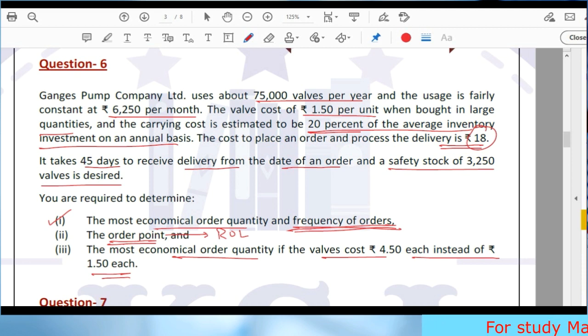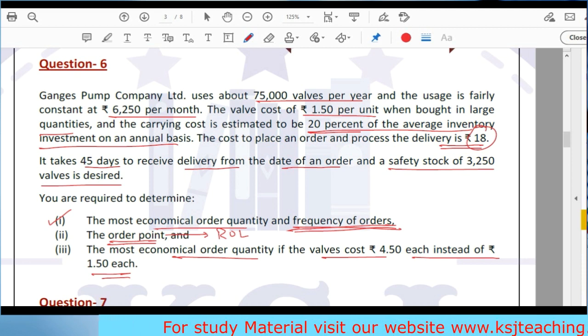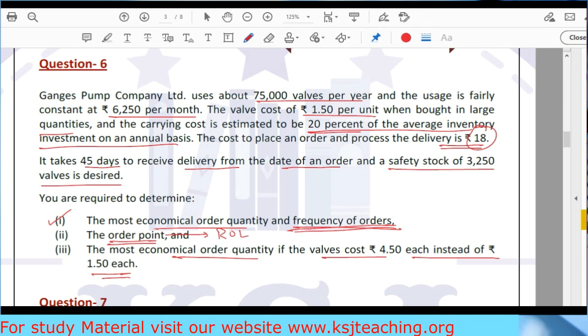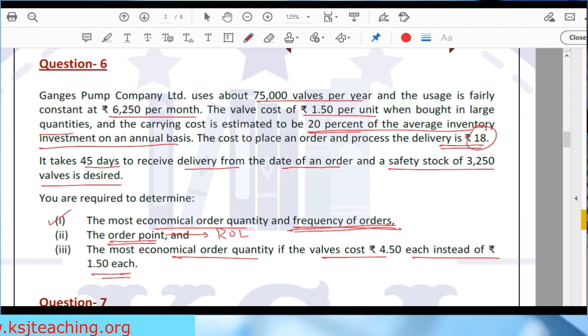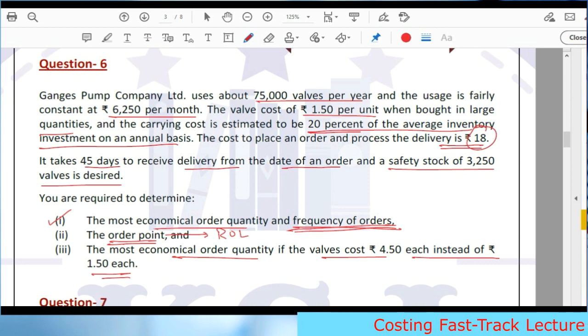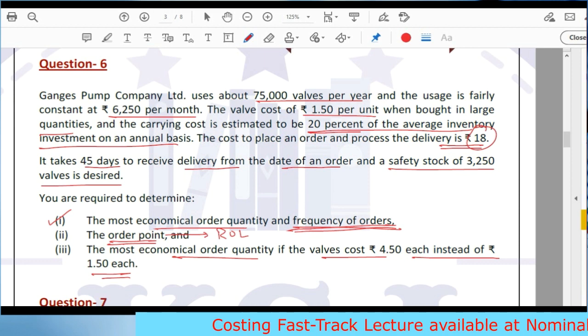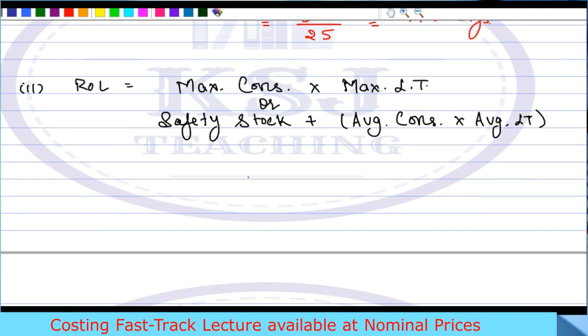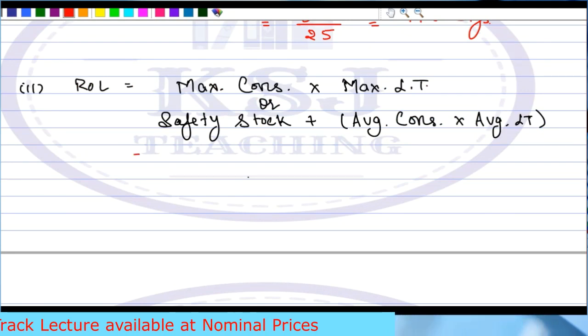Ordering cost is given. It takes 45 days to receive delivery from the date of an order, and a safety stock of 3250 valves is desired. Nowhere are you given maximum consumption or maximum lead time. But you are given the safety stock of 3250.